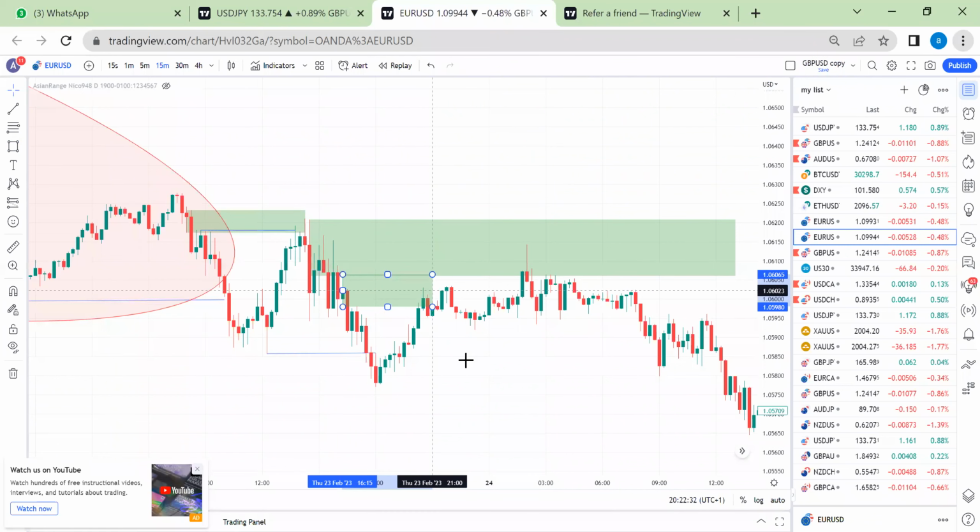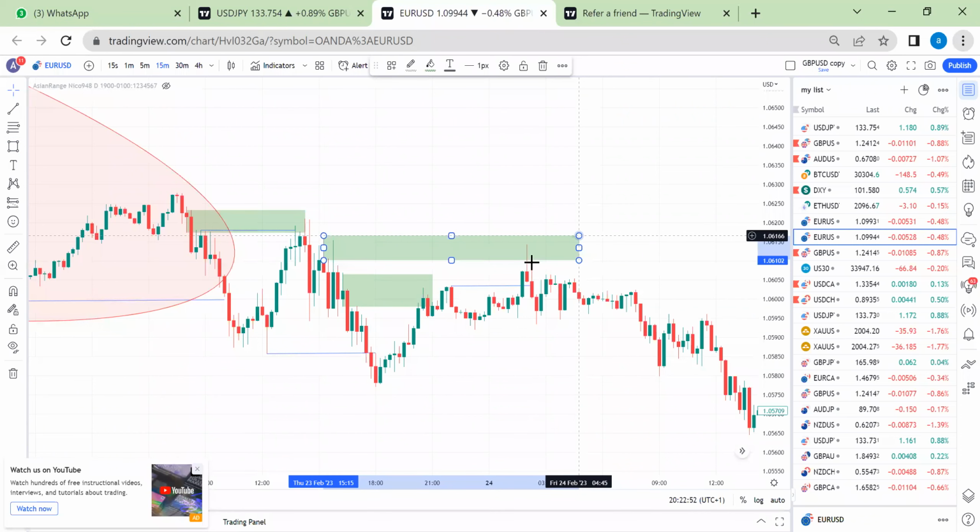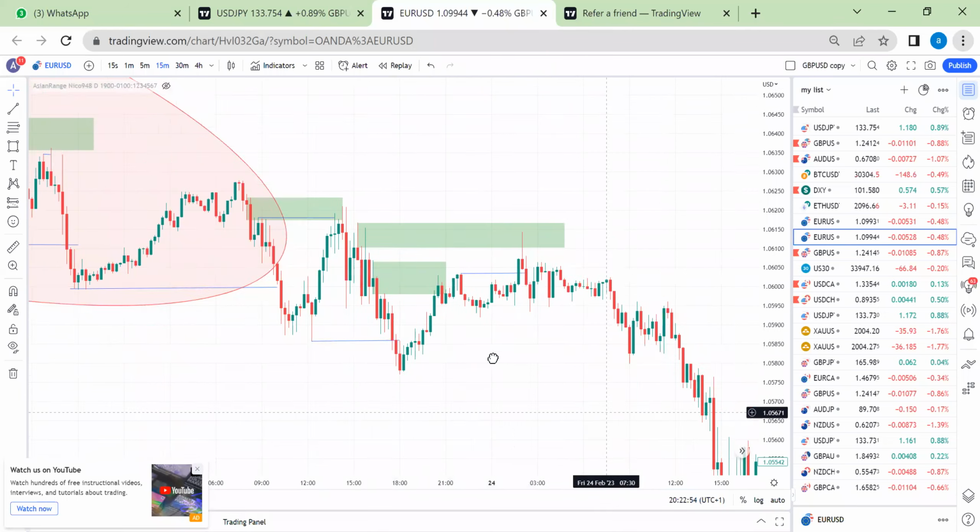Can you see it? But the reaction is just to give us a high for buy side liquidity. Price taps into that to collect all the orders above this and continues going down again.